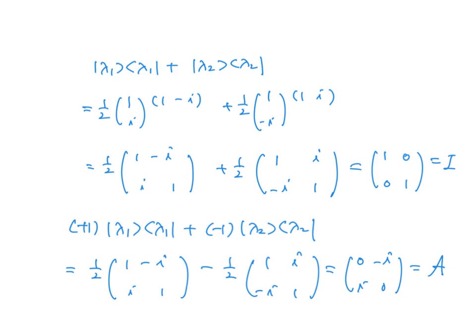We have seen that for 2 by 2, but this property generally holds for any n by n. So I'm going to repeat the previous statement again. Why we are doing that, we will see soon.